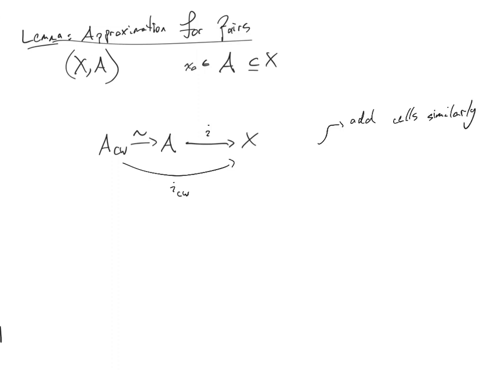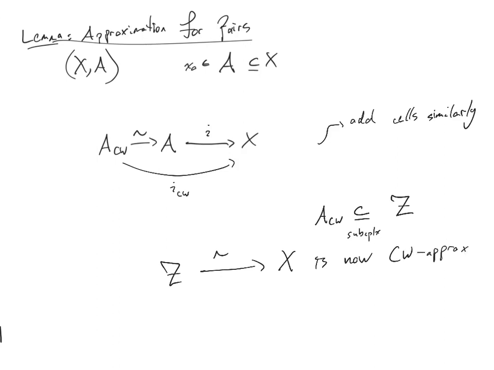To construct from A_CW a bigger CW complex, so this is a subcomplex, Z, where Z to X is now a CW approximation.